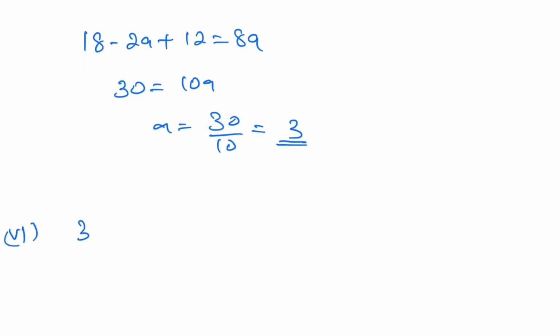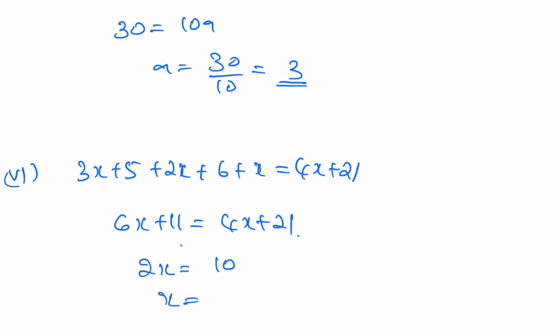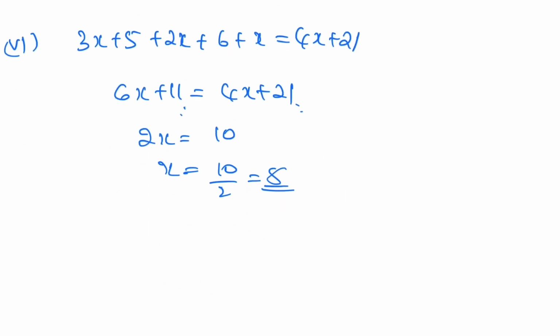Sixth one you have 3x plus 5 plus 2x plus 6 plus x equal to 4x plus 21. 6x plus 11 equal to 4x plus 21. 2x equal to 10, 21 minus 11 is 10. x is equal to 10 by 2, that is equal to 5.